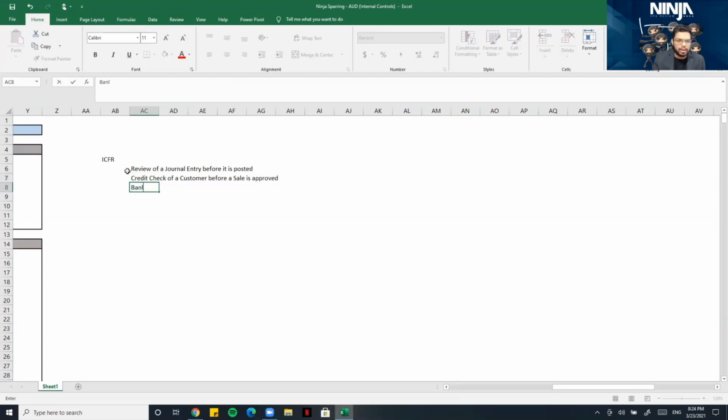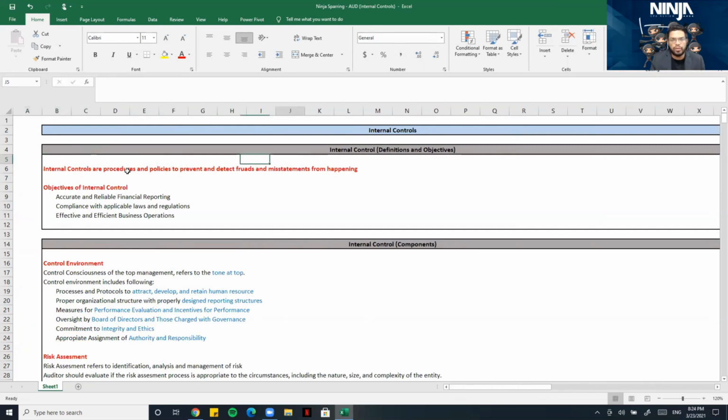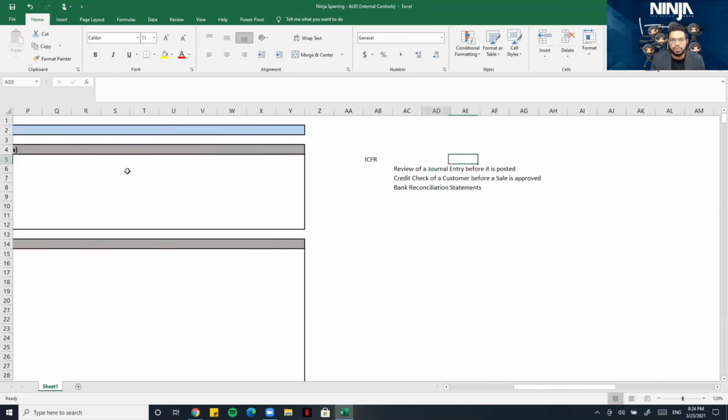Bank reconciliation statements. These are all examples of internal control over financial reporting. Now, we are concerned primarily about ICFR. These are not all the controls, but we are concerned only with controls over financial reporting.